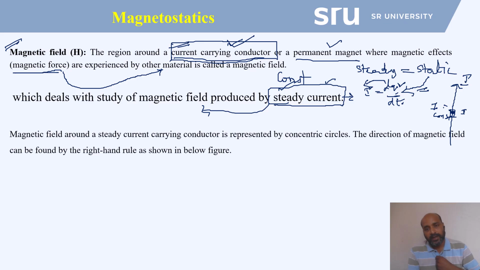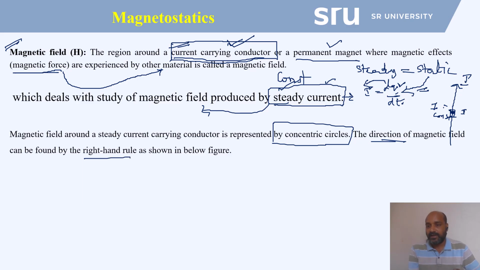So if the steady current carried by the conductor is the source, what will be the nature of that magnetic field? That magnetic field will be in the form of concentric circles around that current carrying conductor, and we can represent the direction of that magnetic field by the right hand thumb rule.